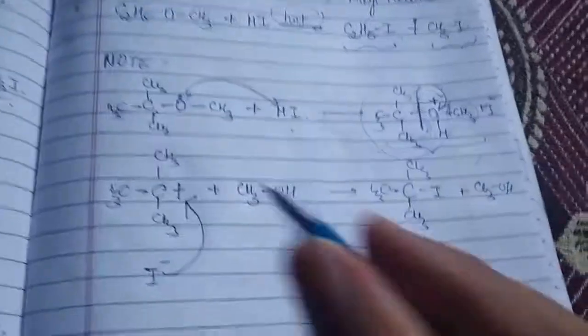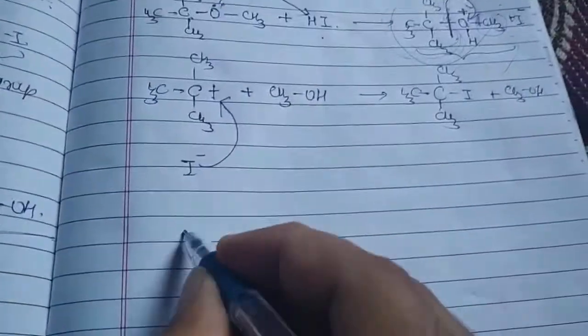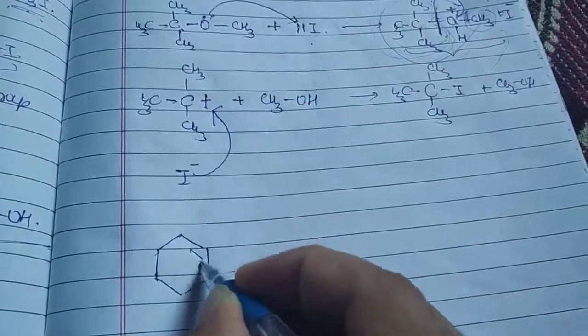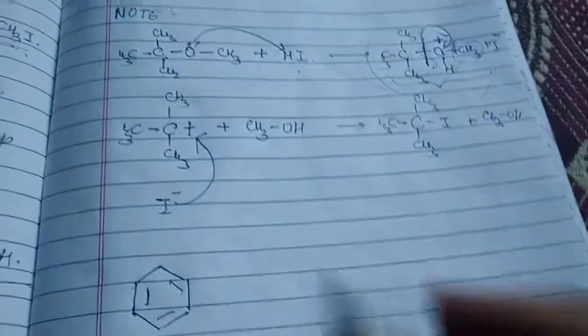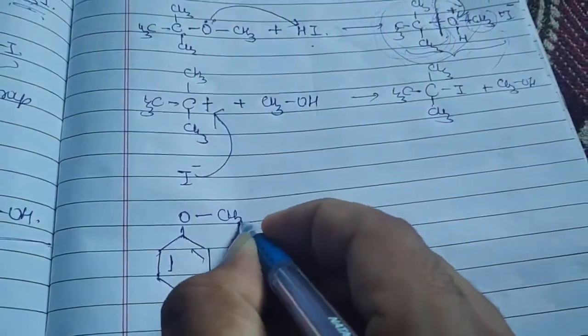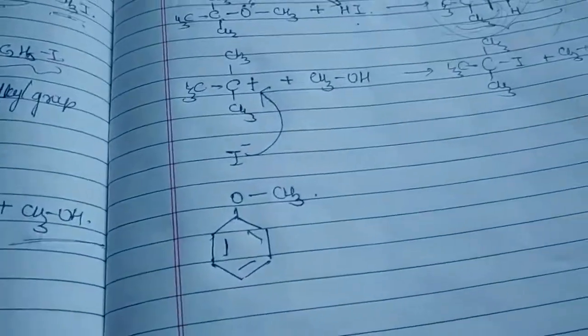Okay. Now let us take one more exception. Okay sir, till now you have given us an aliphatic system. If you ask us to explain with an aryl group, let me choose an unsymmetrical ether, anisole. What is this? Anisole or methoxybenzene.